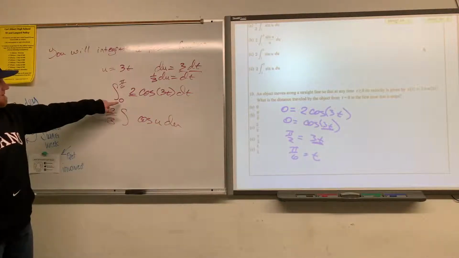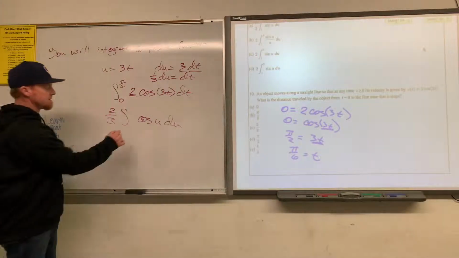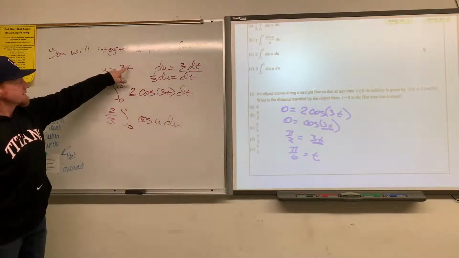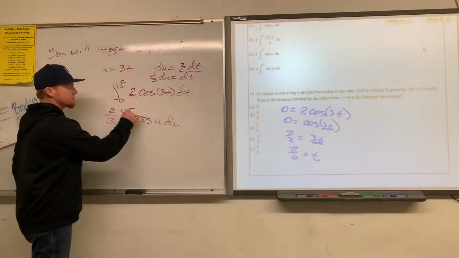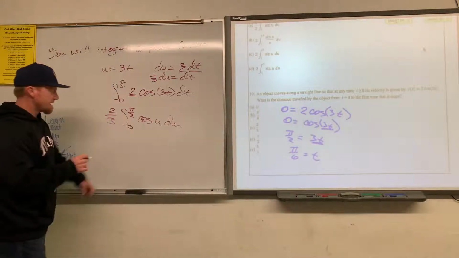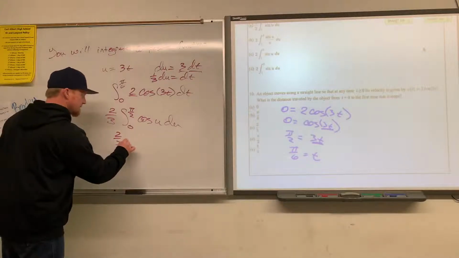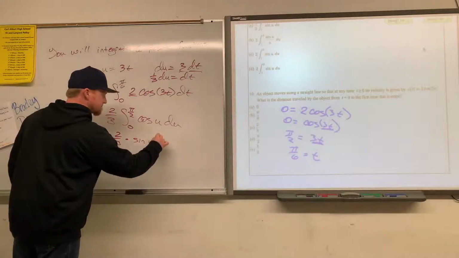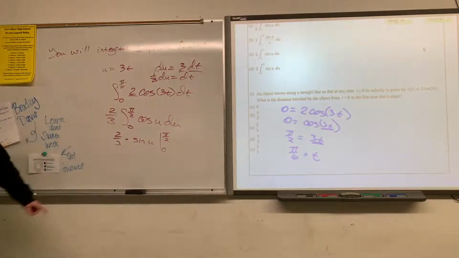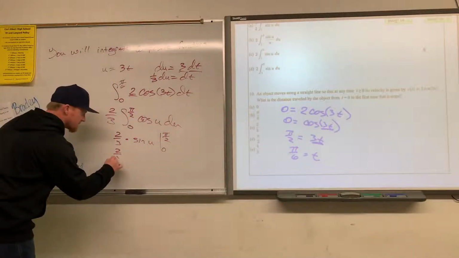I need new limits. Plug in 0, I get 0. Plug in pi over 6. 3 times pi over 6, that's going to reduce to pi over 2. Integrate cosine, which is sine. We're going from 0 to pi over 2. So I have 2/3.